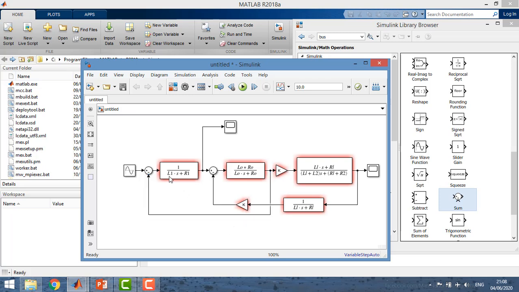Okay, so what do we have? We have an alternating current voltage source feeding the transformer model.